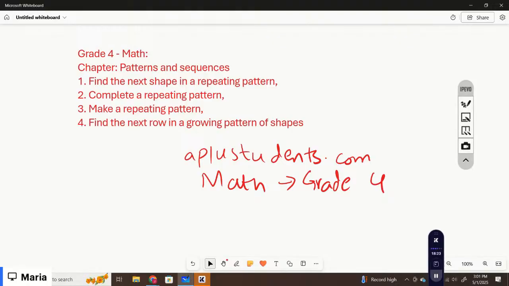We're going to start with the chapter patterns and sequences. The lessons we're going to cover today are find the next shape in repeating pattern, complete a repeating pattern, make a repeating pattern, and find the next drawing, the drawing patterns of shapes.